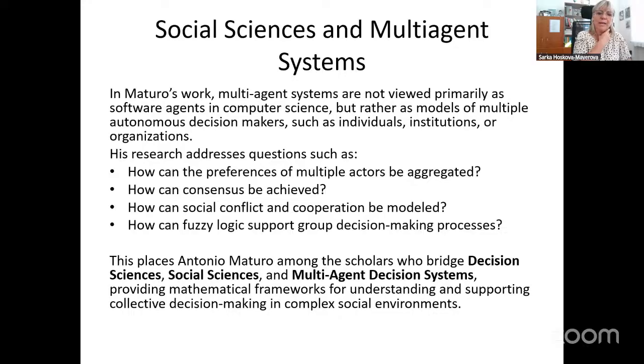process? So I can say that Antonio has a place among the scholars who bridge decision sciences, social sciences, and multi-agent decision systems, providing mathematical frameworks for understanding and supporting collective decision-making in complex social environments.